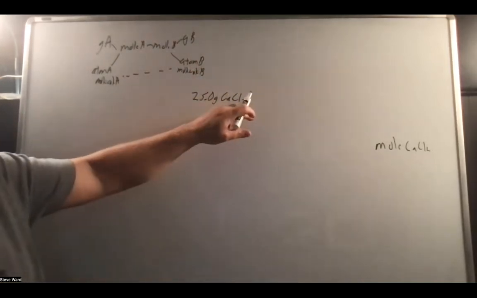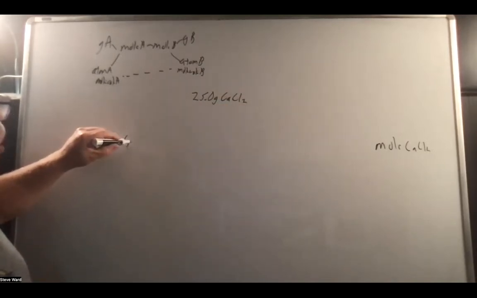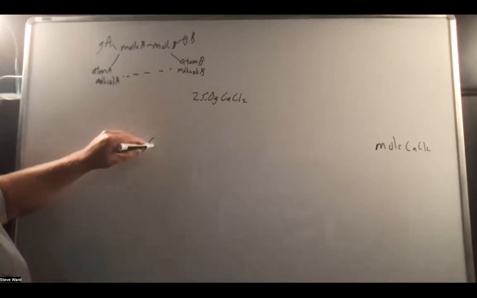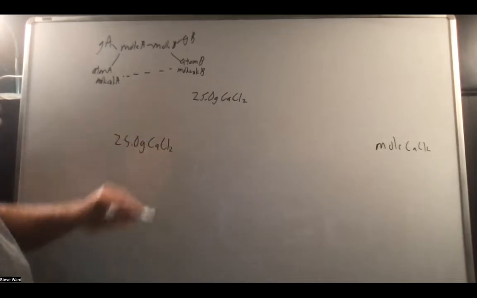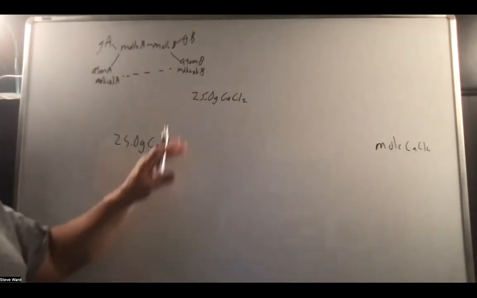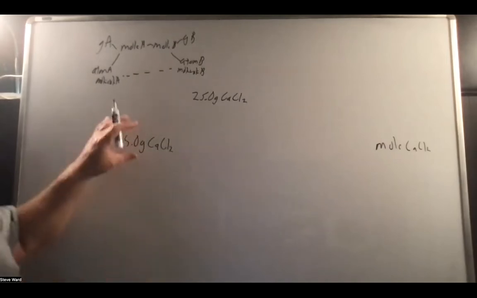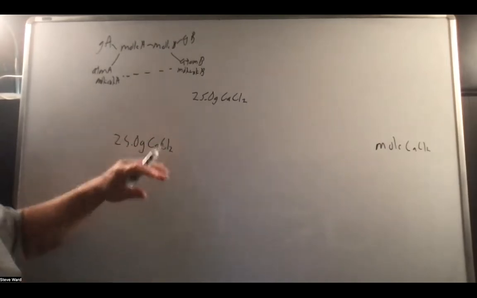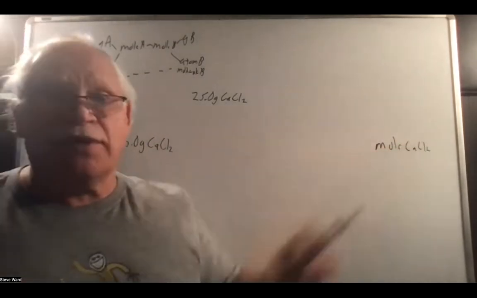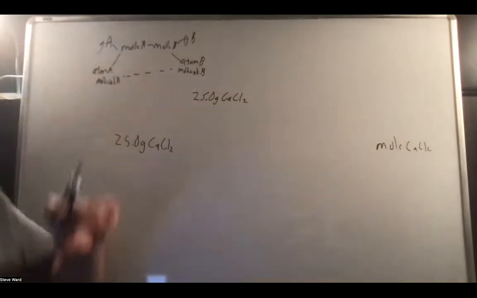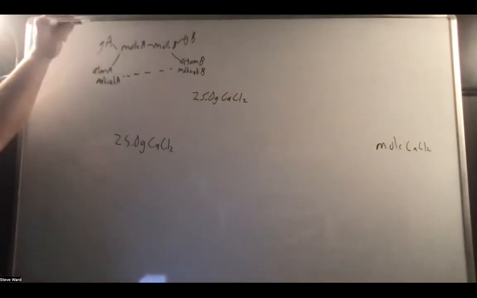Now, since I only have one piece of information, I know that I have to start with that piece of information. If you get to harder problems, they will have more than one piece of information. Now, what students oftentimes ask is, how do I know how to change from grams of calcium chloride to moles of calcium chloride? And that's where this mole map comes in.